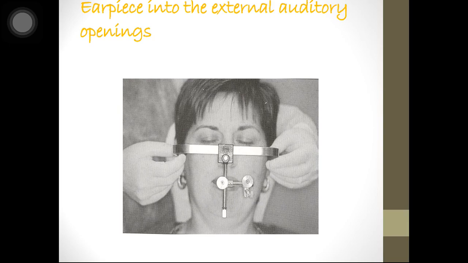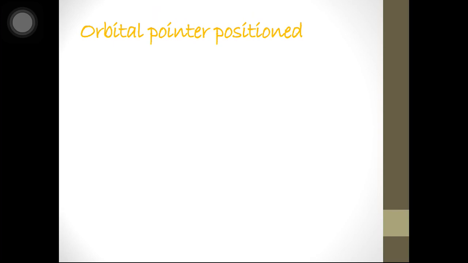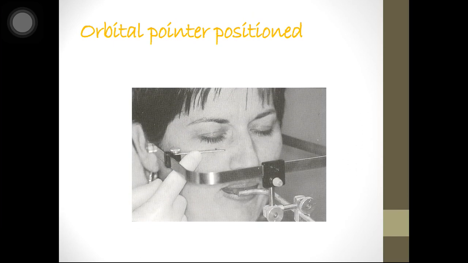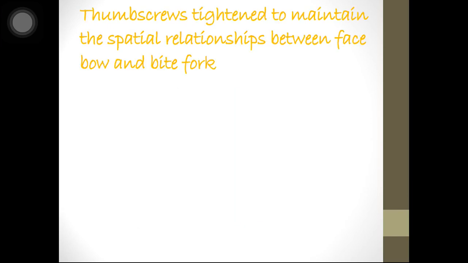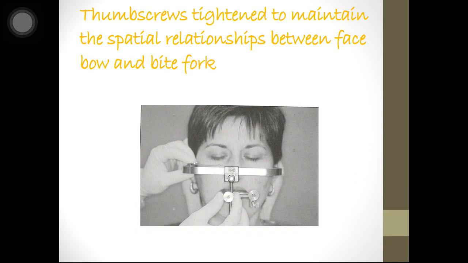This is the U-shaped frame. This will basically provide the posterior reference points. The orbital pointer is then located, and the calipers' thumb screws are tightened to maintain the spatial relationships between facebow and bite fork.